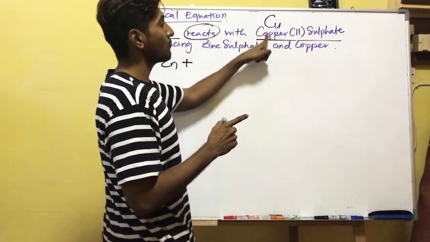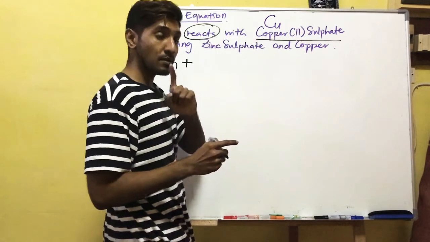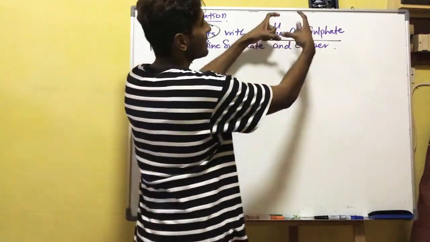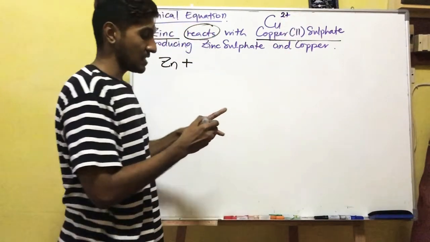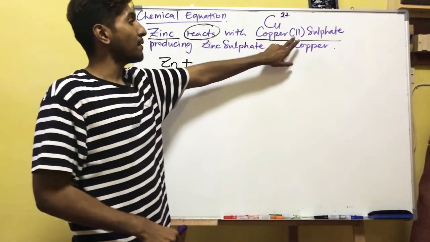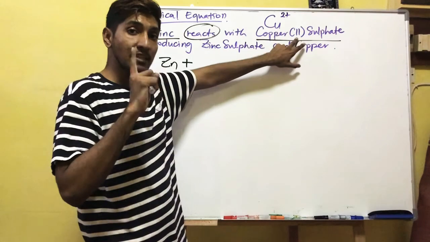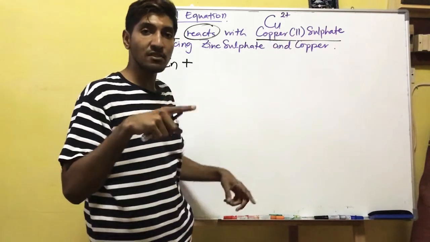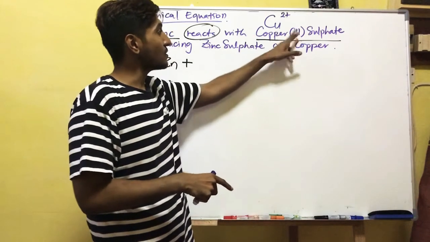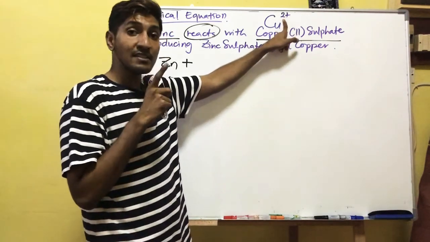We know that for copper the symbol is Cu. But since in the bracket it is 2, therefore we know that it is Cu2+. So the Roman number in bracket for copper, since it is a transition element, shows the charge of its ion.